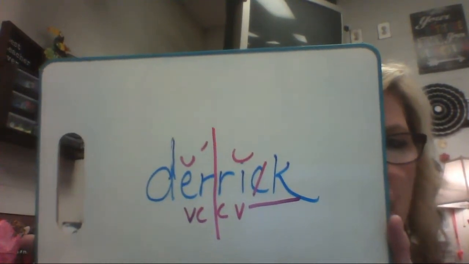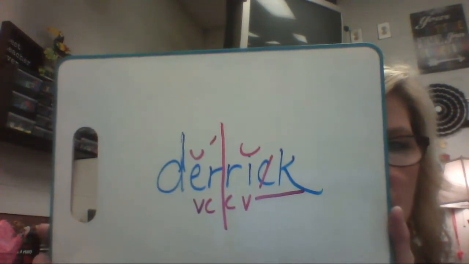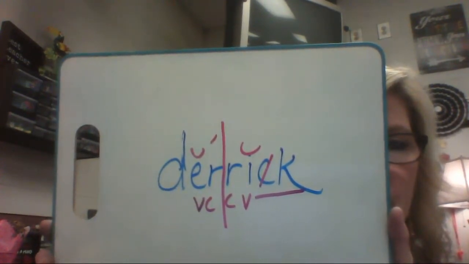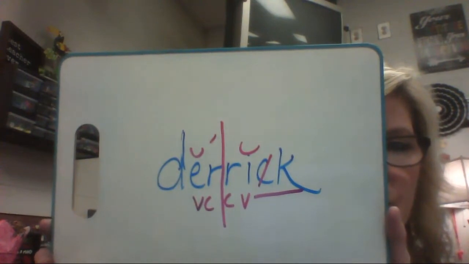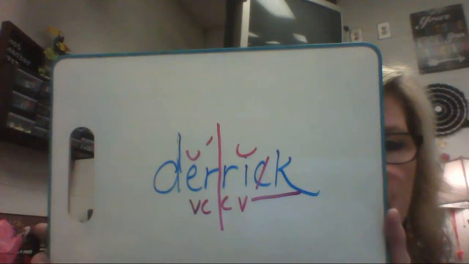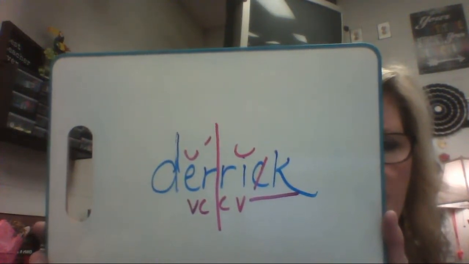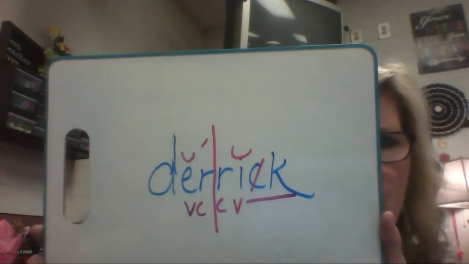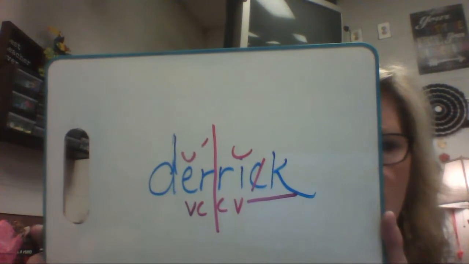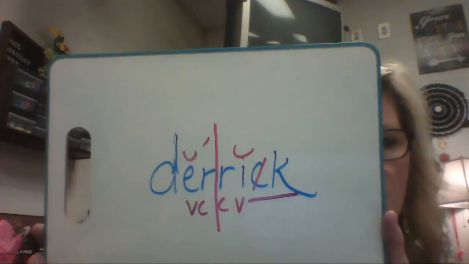Okay? Okay, so I have labeled this word. And if you will notice, I put a division line between the 2 R's because it's a 2-syllable word. So we have labeled V, C, C, V. And if you'll notice, it doesn't have the ER sound like we were talking about a minute ago, like butter. At the end of butter, the ER has just sound. This is Derek. So the ER, you can actually hear the E in this one, and it is a short E, so we're going to put a breve.